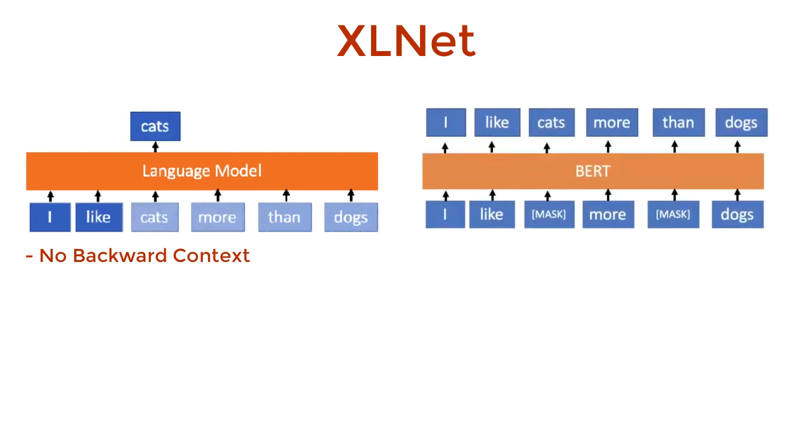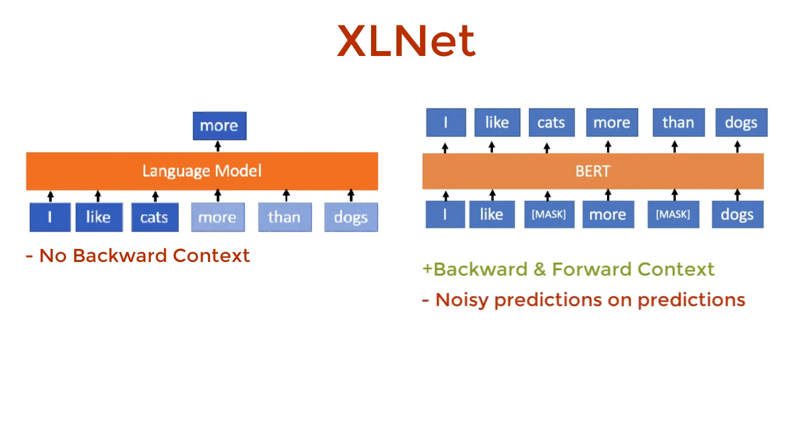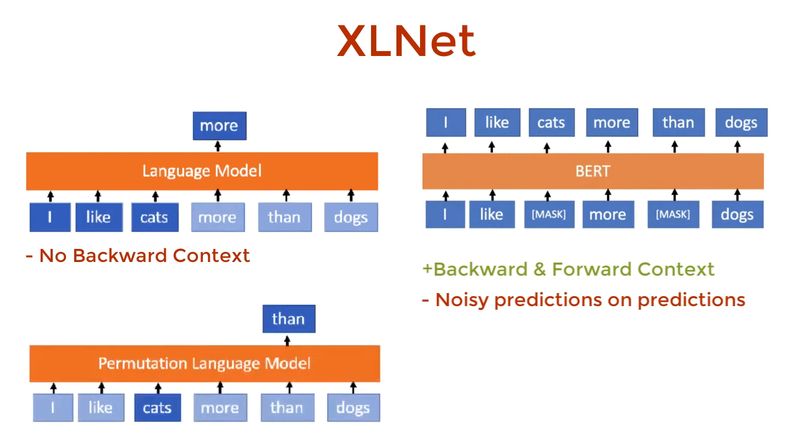BERT's modification with masks allows us to look backwards and forwards, and we determine the masks simultaneously. But this leads to the problem of making predictions on top of predictions, and hence we get low quality vector embeddings. Instead, let's use a permutation language model.